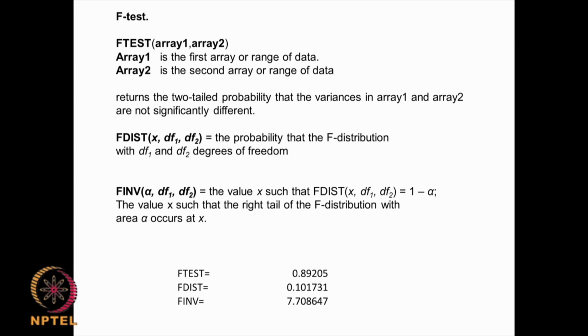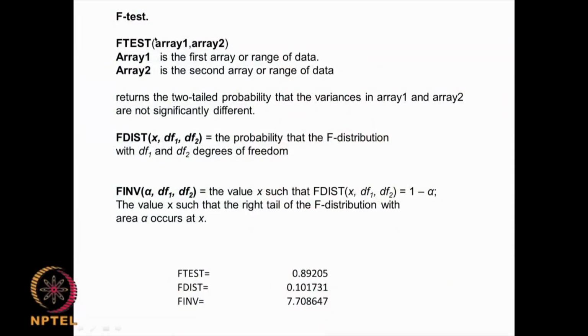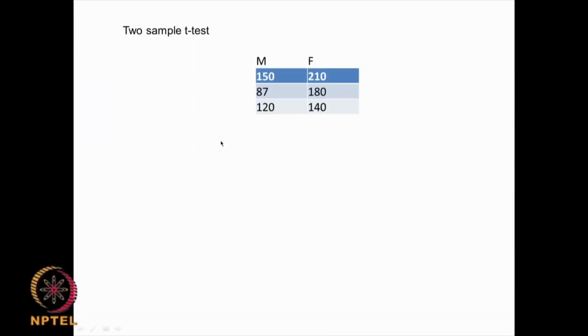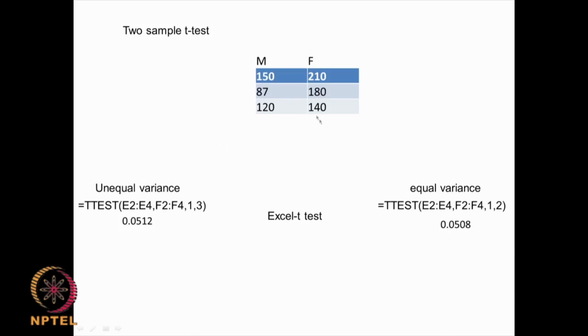Of course, there are other ways of doing that. In order to get an ANOVA table, we can use a regression relationship. We will look at it much later. Of course, you can use the 2 sample t test also, but the 2 sample t test has limitations.